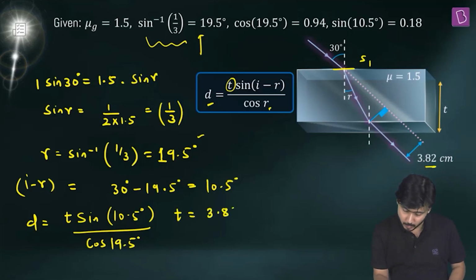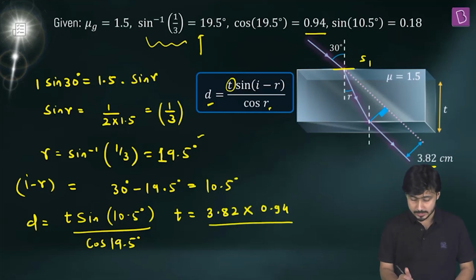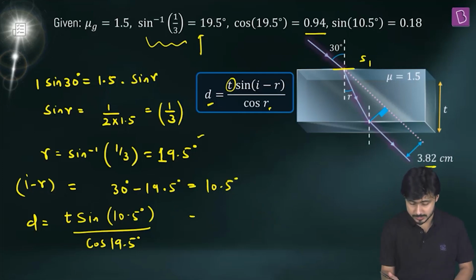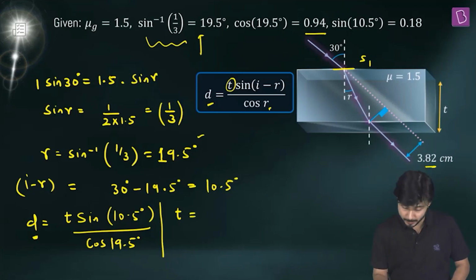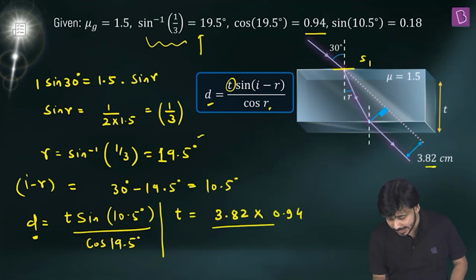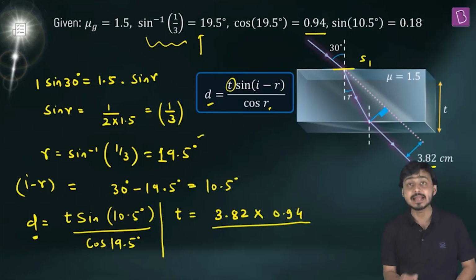D is 3.82 into cos 19.5, that's 0.94, divided by sine 10.5.